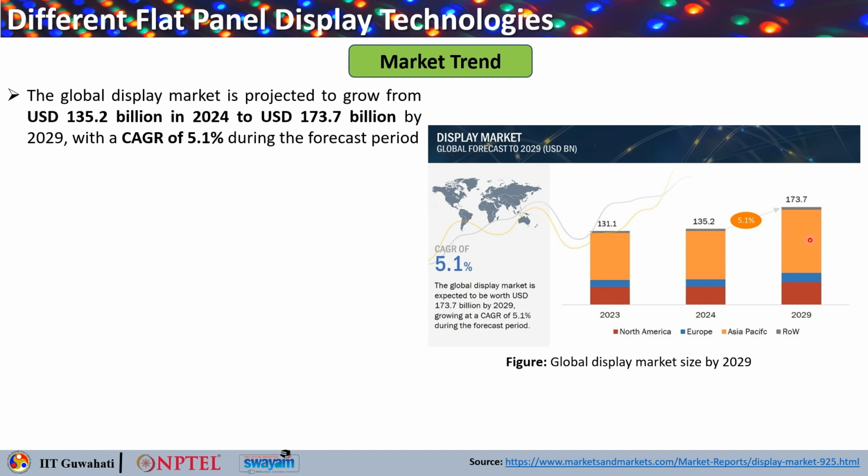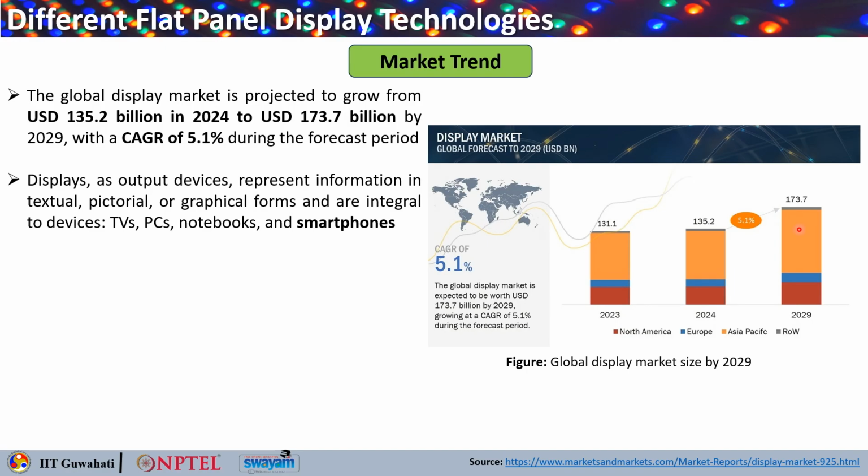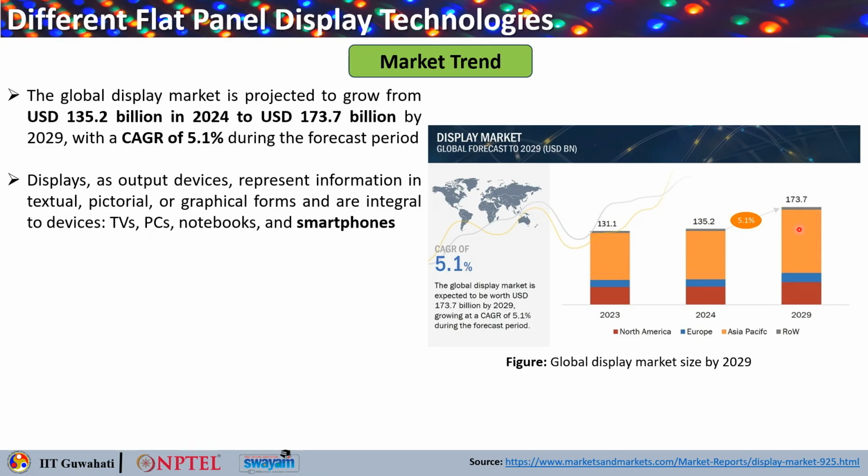You see that Asia Pacific is going to make a lot of contribution towards this particular growth. So, displays are the output devices which basically represent information in either text form, pictorial form or graphical form, which are now integral to all the devices we are interacting with, right? TVs, PCs, notebooks and smartphones. So, that is a very big market, as you can see, smartphones.